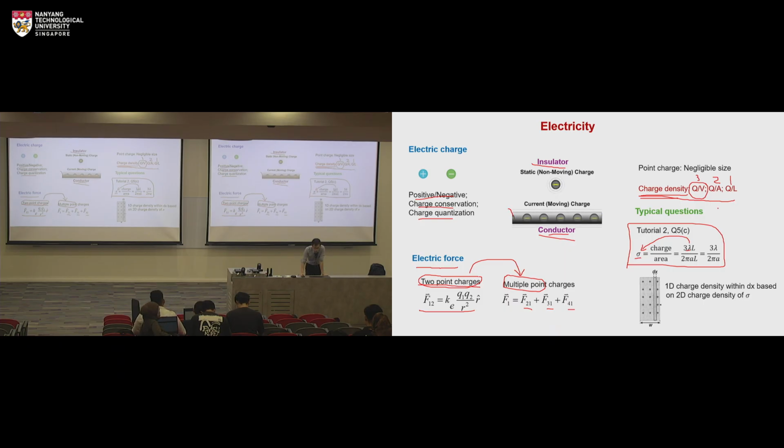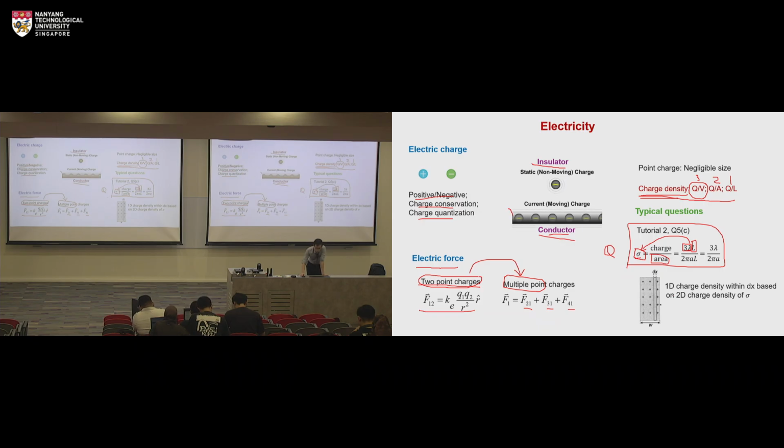You can see the two-dimensional density times the two-dimensional area gives you the total charge. Or you can also get the same total charge based on the one-dimensional density, in this case one-dimensional density times one-dimensional length. So what you get should be the same. Both should be the total charge Q.